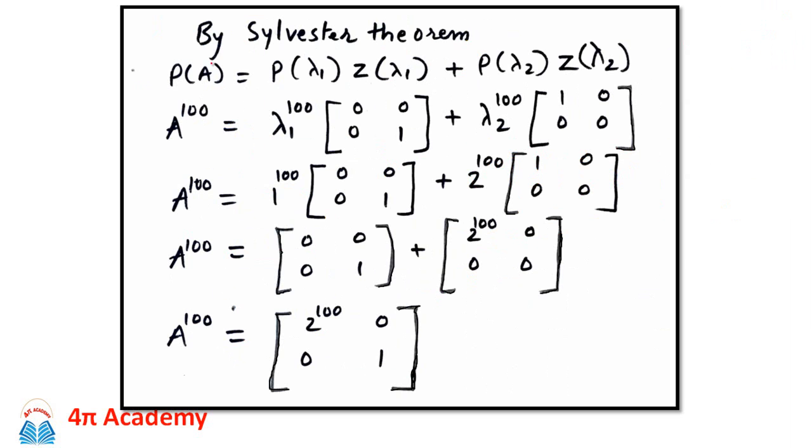By Sylvester's theorem, P of A will be equal to P of lambda 1 multiplied by Z of lambda 1 plus P of lambda 2 multiplied by Z of lambda 2 and so on.